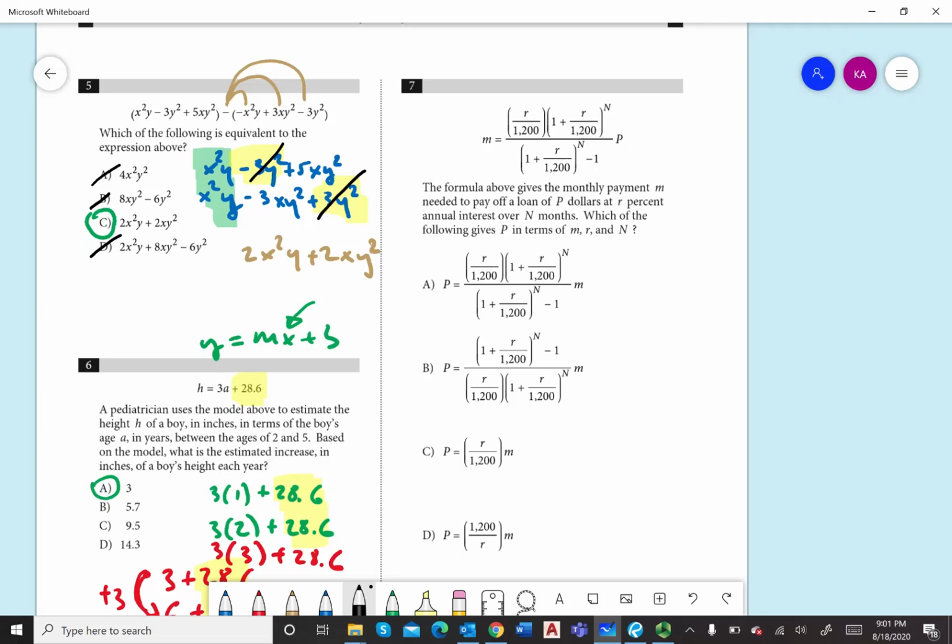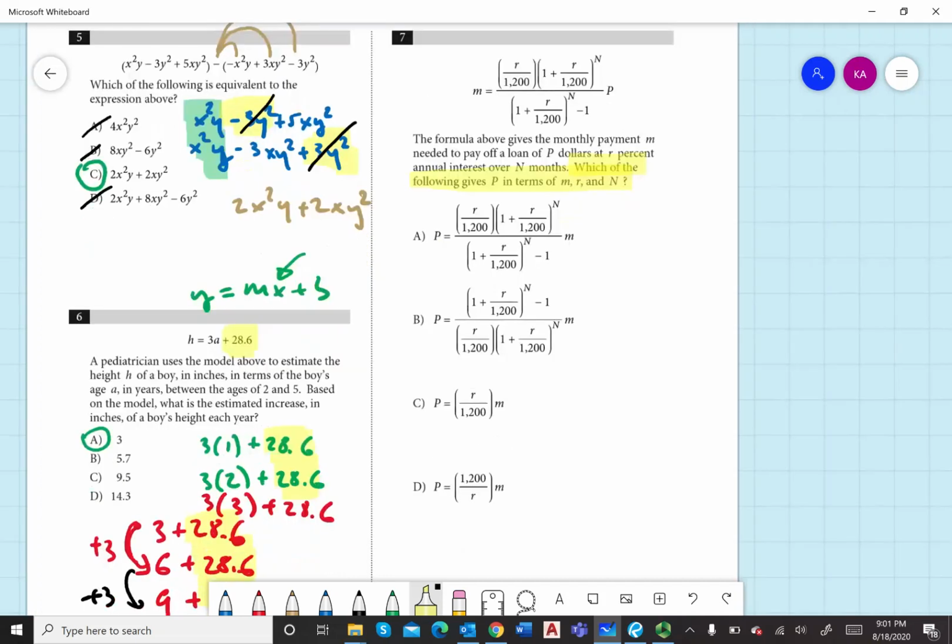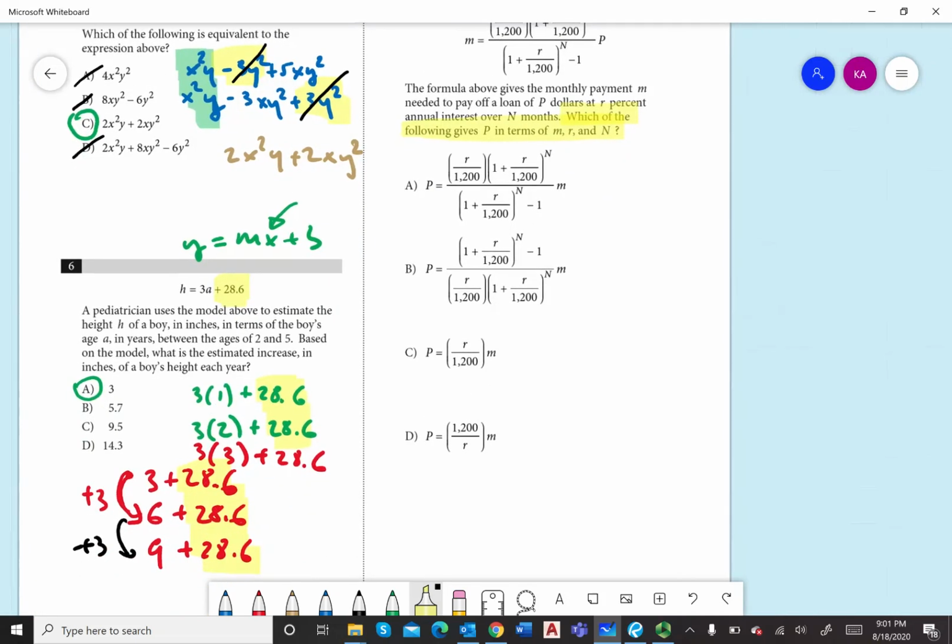That's the most important part of the question. So what is this asking? If you don't understand, you can also look at the answers. That's one way of knowing what the problem is asking. If you look at the answers, you can see that the answers are all finding P. So all we have to do is find P.